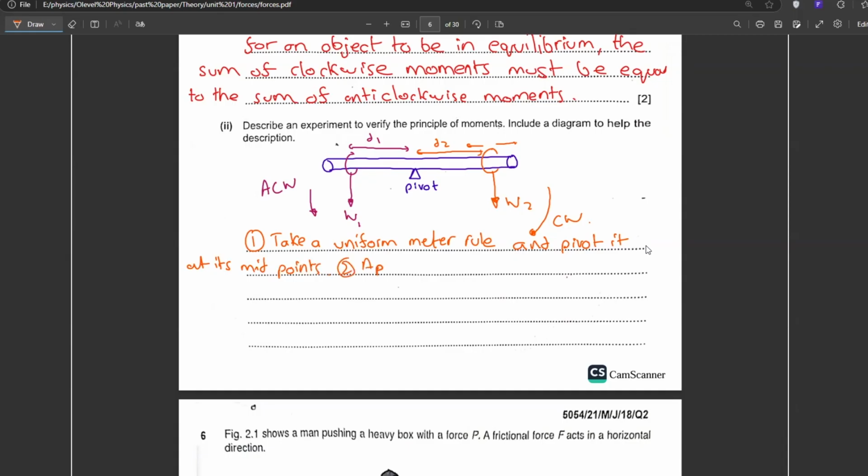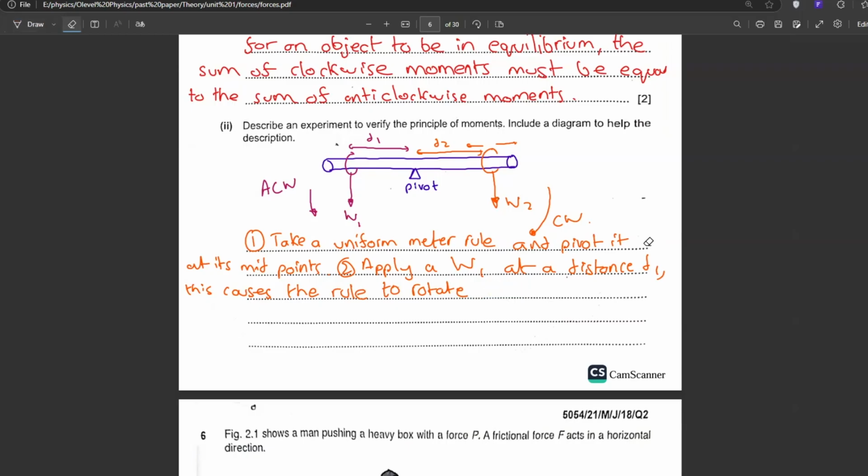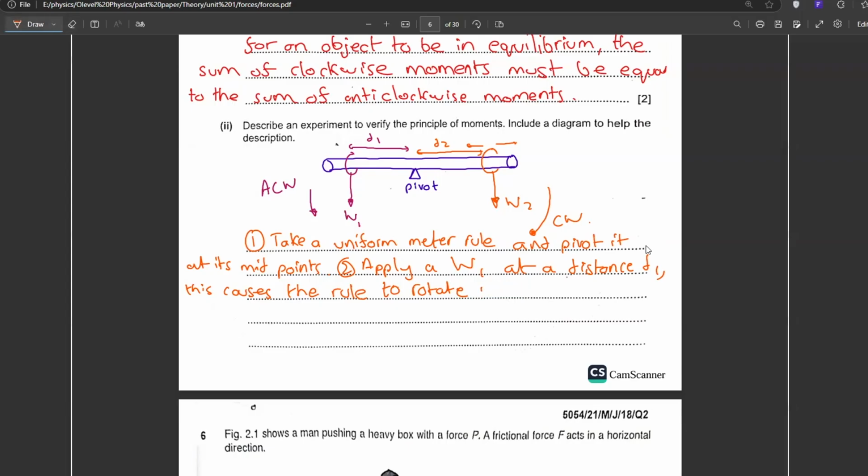Apply a weight W1 at a distance D1. This causes the rule to rotate in an anti-clockwise direction.